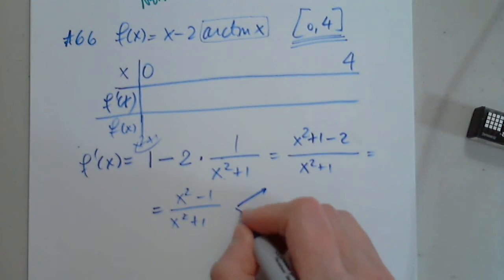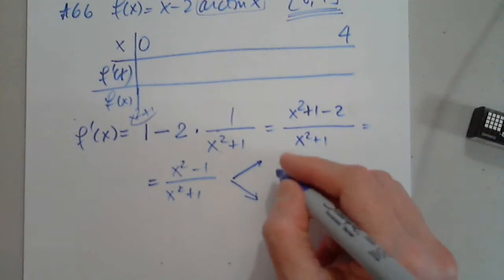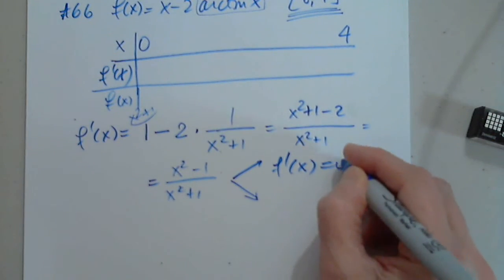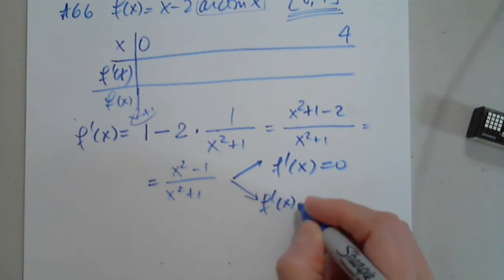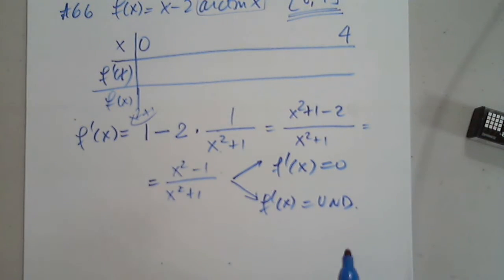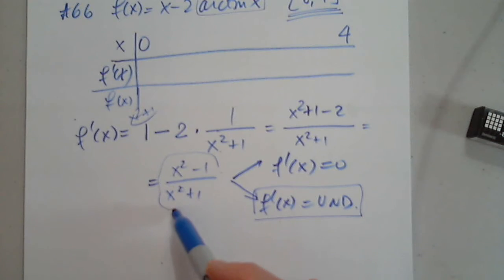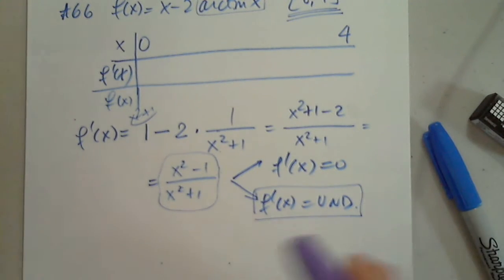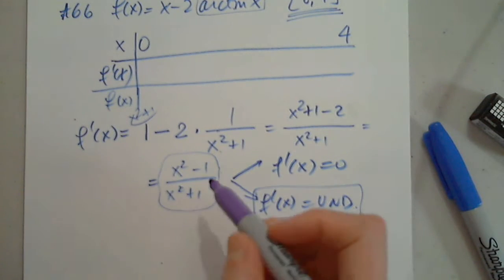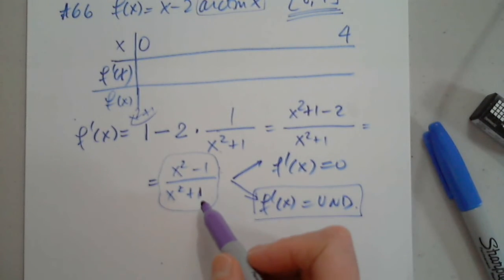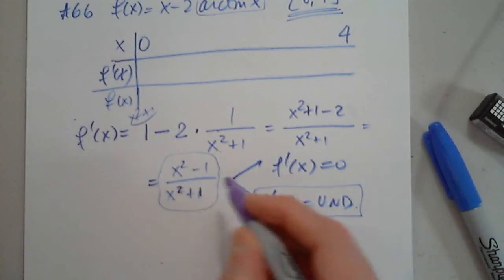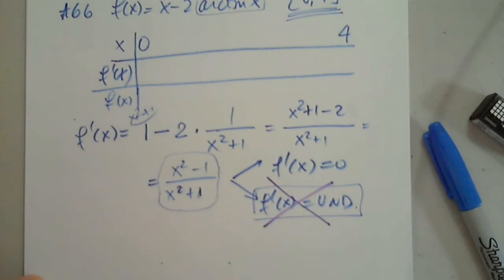And we have two possibilities here: one for f prime being 0, and one for f prime being undefined. Let's start with this one. Where is this function undefined, if any? No, it's never undefined. Excellent. Well done.